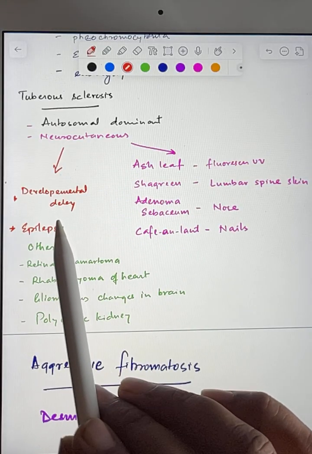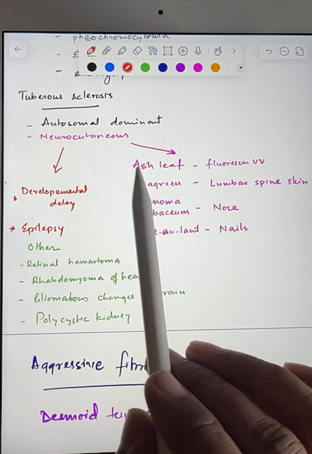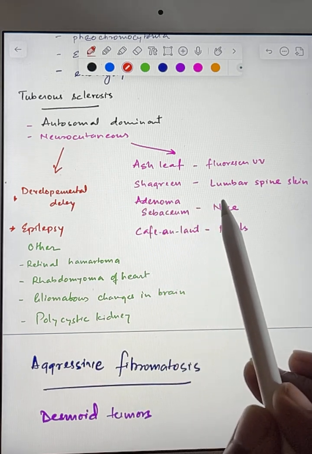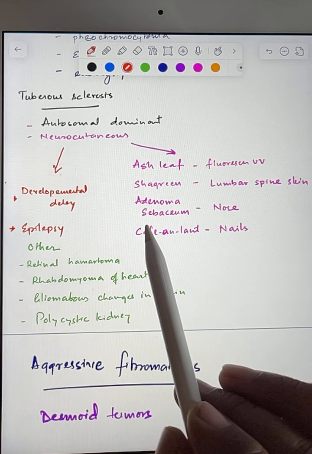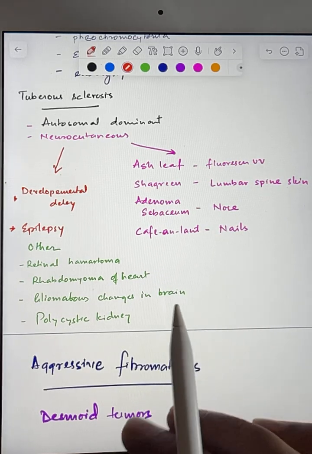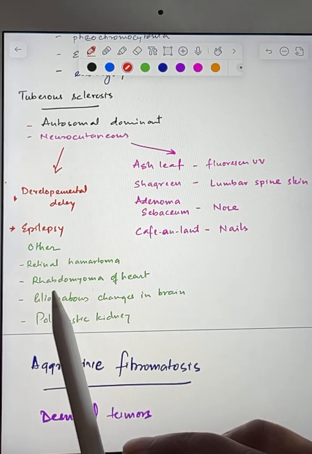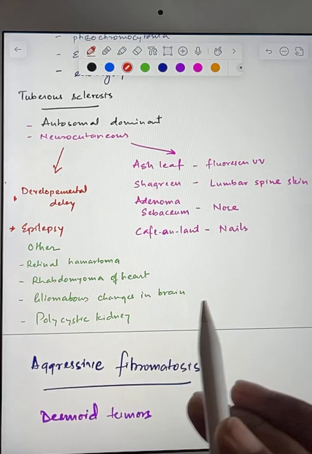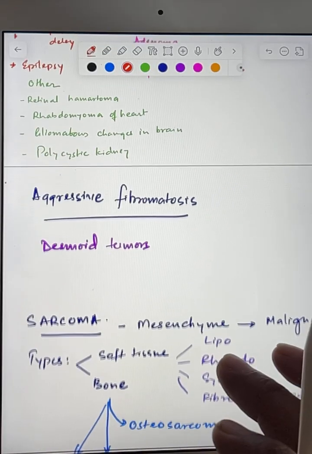Neurological is developmental delay. Cutaneous features in tuberous sclerosis: ash leaf spots, shagreen patches, lumbar spine, skin adenoma sebaceum, subungual fibromas on the nails. Neurological symptoms: epilepsy, retinal hemorrhages, rhabdomyoma of the heart, gliomas of the brain and polycystic kidney.